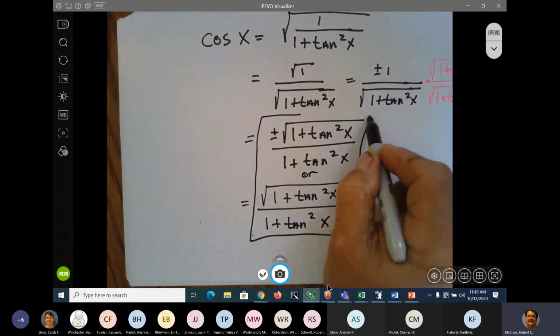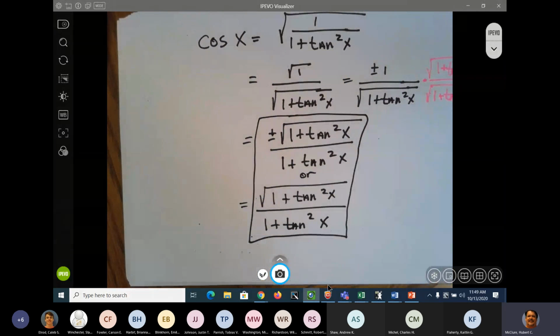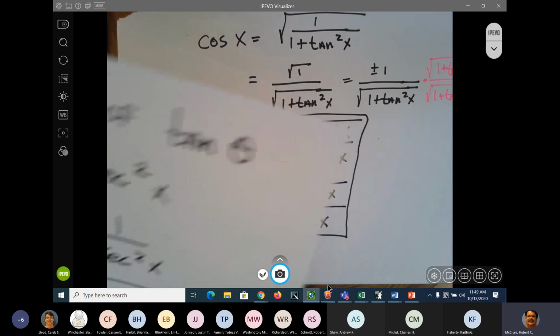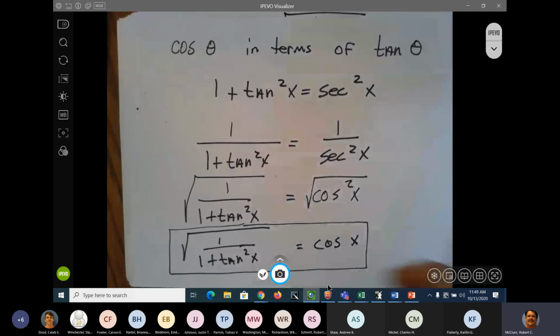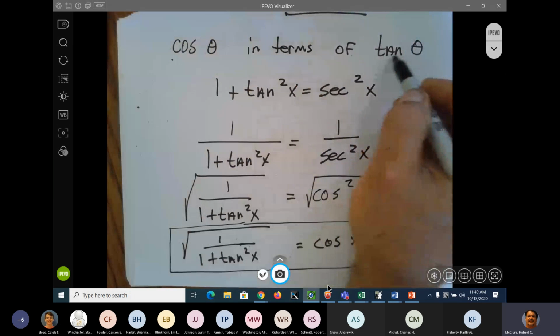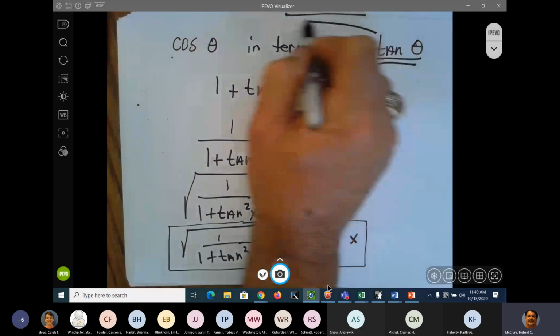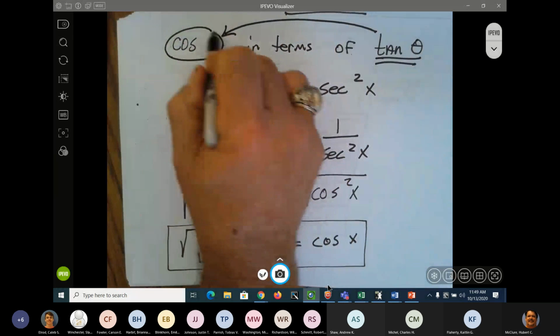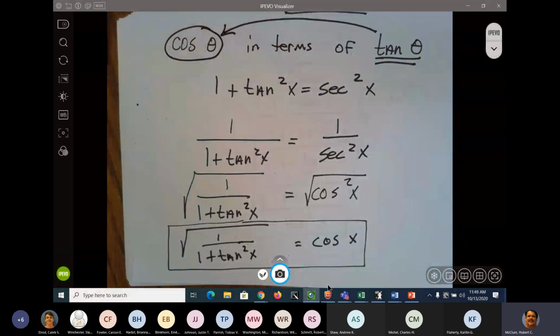Now, again, I'm showing you this one because there's no math involved. All we did was rewrite. We took tangent and we wrote it in terms of cosine. Now, there may be another way you could have done it.